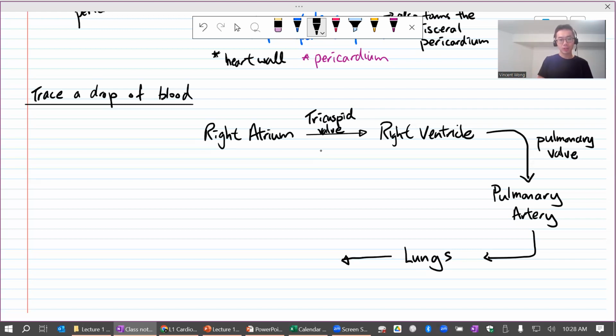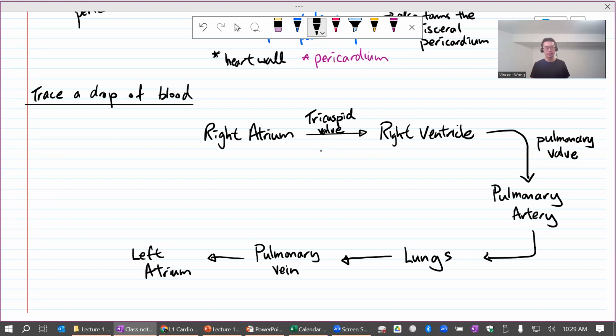When we are finished exchanging gas, then the blood will go through the pulmonary vein, which would take the blood back to the left atrium, right? I'm just going to pause for a second. I want you to be able to trace this out on the diagram and make sure that we didn't miss anything.